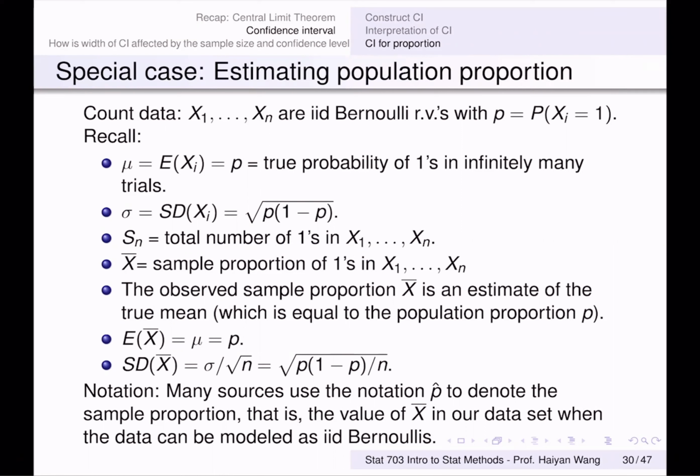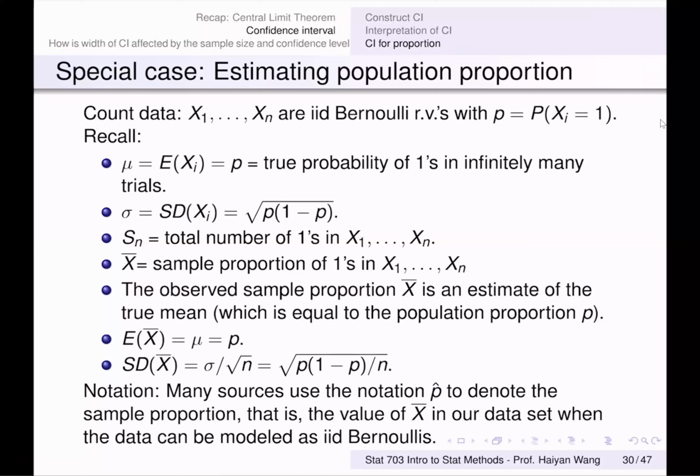When we have data that are binary, we can denote each of the values as 0 or 1, and the probability of 1 is given by P. And this P, when we calculate the expected value, is also equal to the expected value of the random variable.